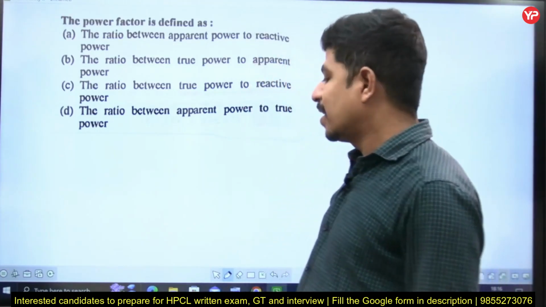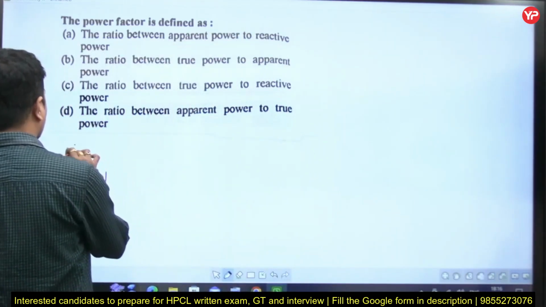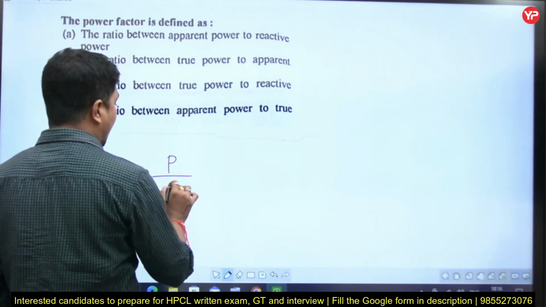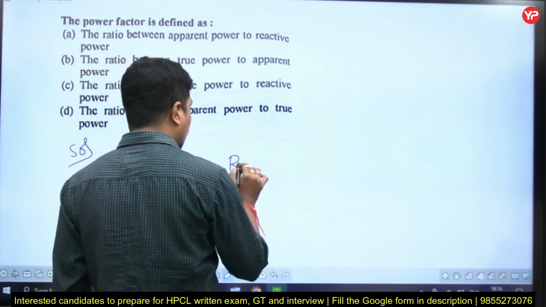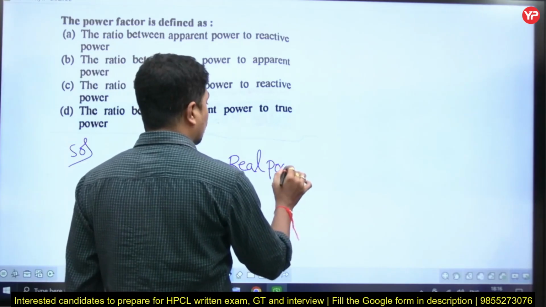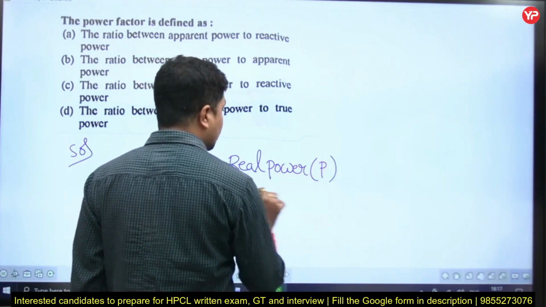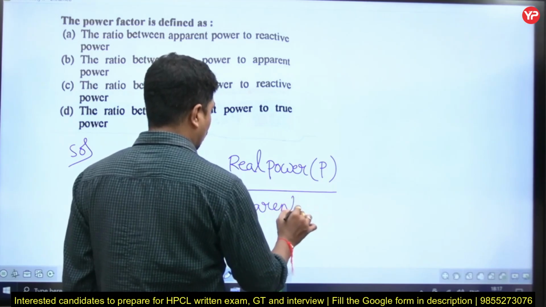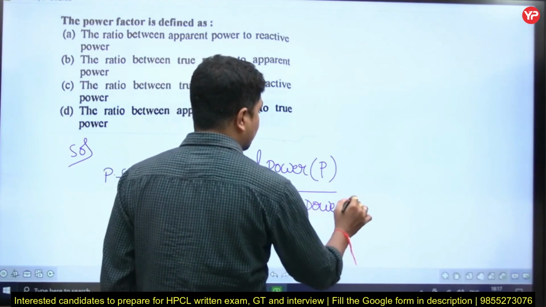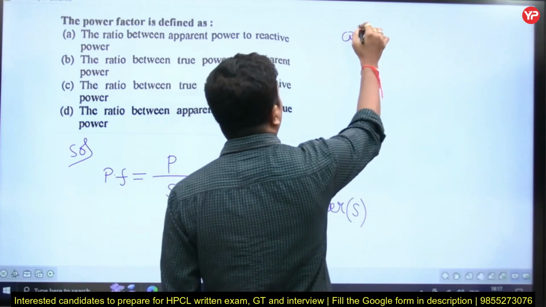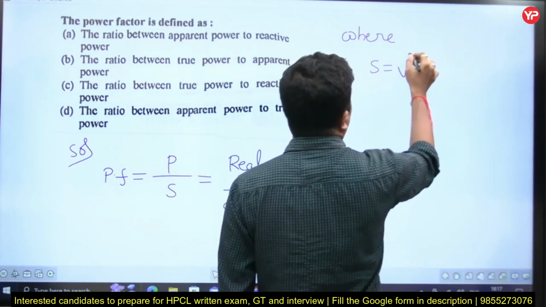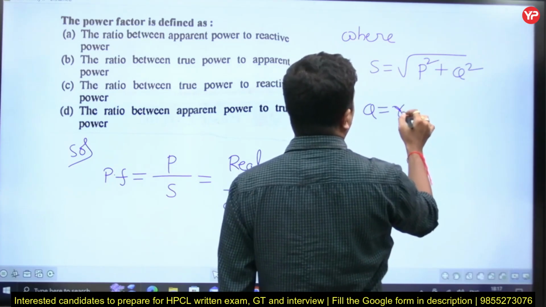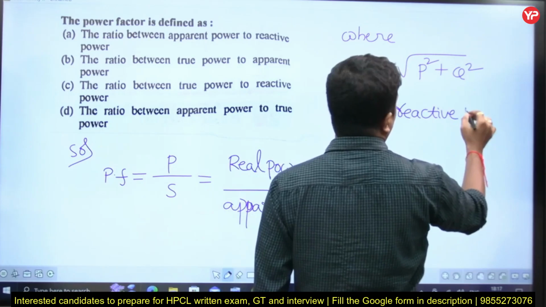The power factor is equal to P by S, where P is real power and S is apparent power, where S is equal to the root of P square plus Q square, where Q is reactive power.